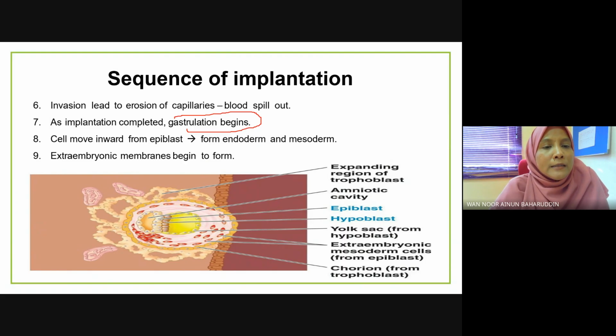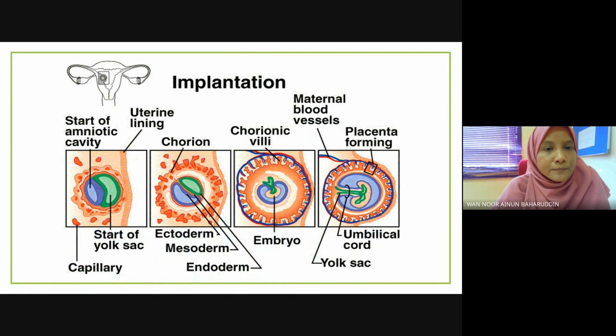Then the cells start to move inward from the epiblast, forming endoderm and mesoderm. You can see there are 2 layers of cells, endoderm and mesoderm. Extra-embryonic membranes begin to form. You can see the extra-embryonic membrane, starting from the amniotic cavity, the capillaries and so on.